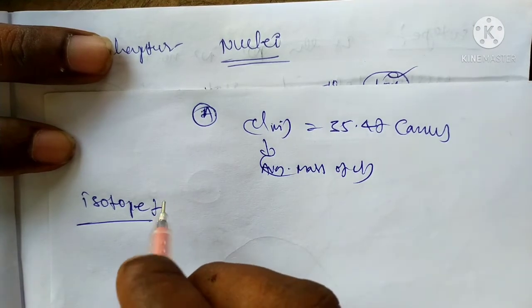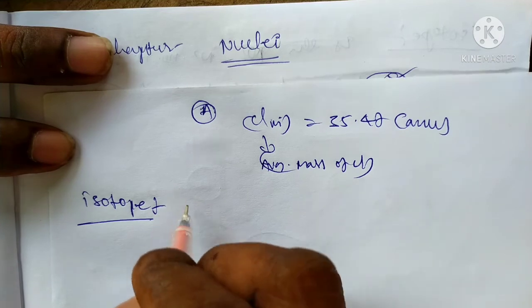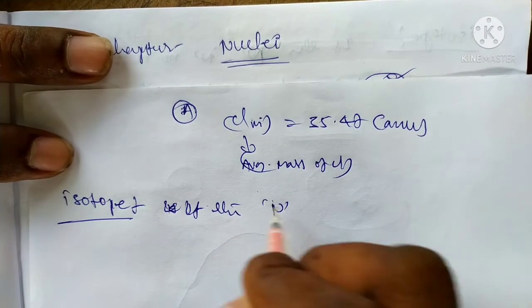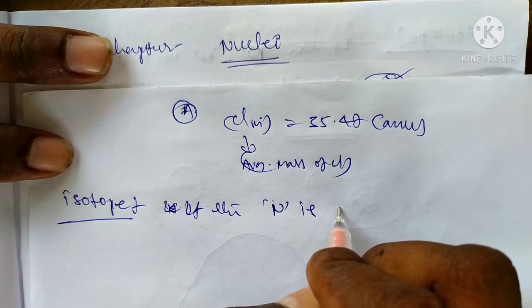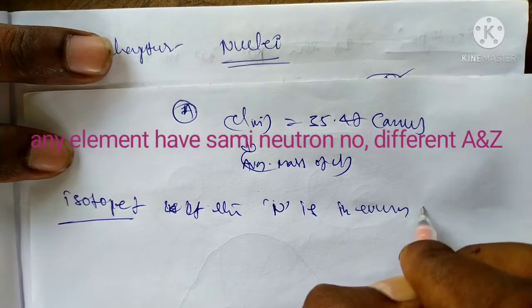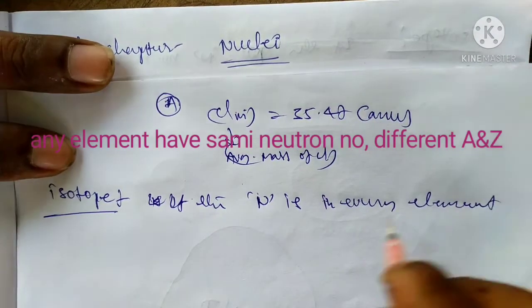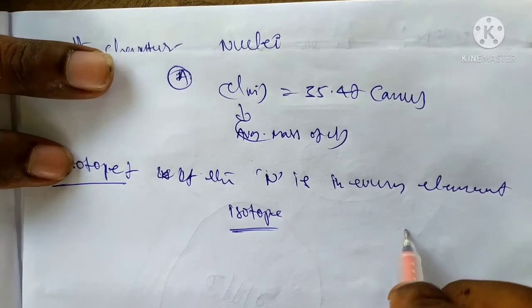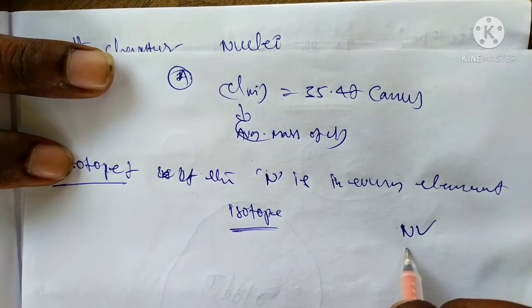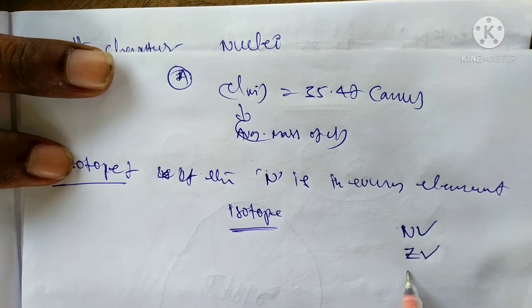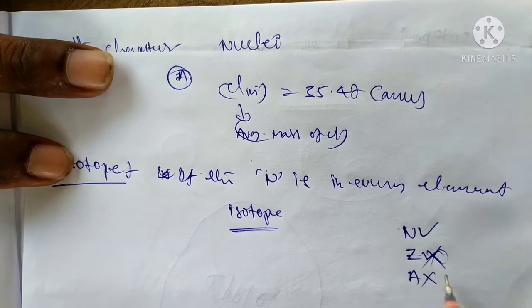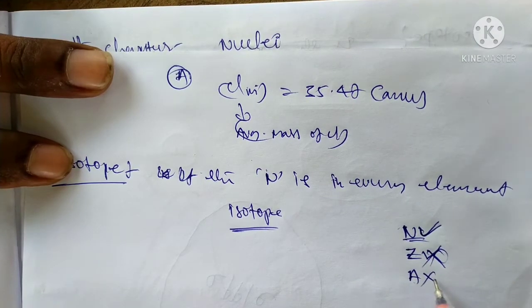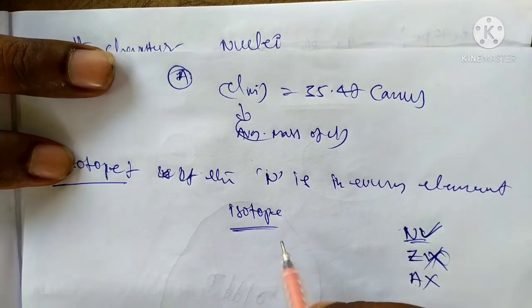If the neutron number N is the same in the elements, this type of element is called an isotope. Here the neutron number is the same, while the atomic number Z and the atomic mass number A are different. Only N is the same.